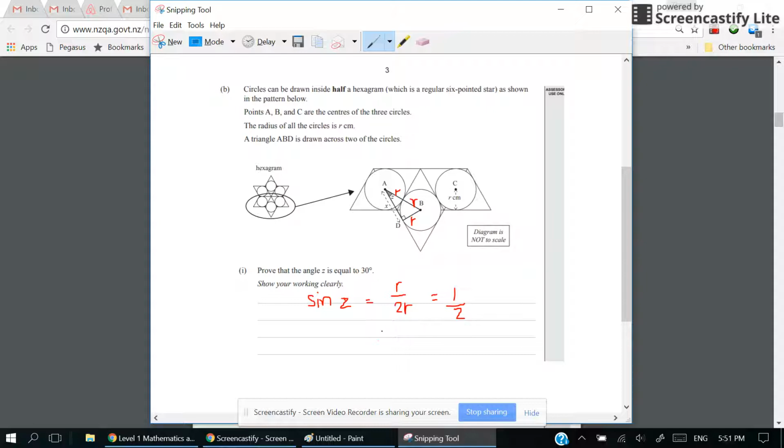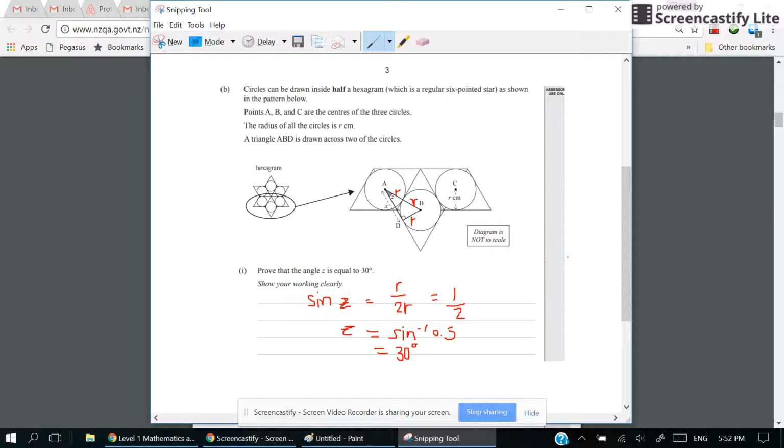And we know from trigonometry that if sine Z equals a half or 0.5, then Z must equal 30 degrees. The other way you can write it is sine inverse of 0.5 equals 30 degrees. So that's how you prove that.